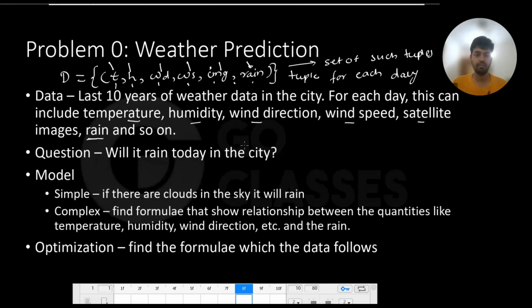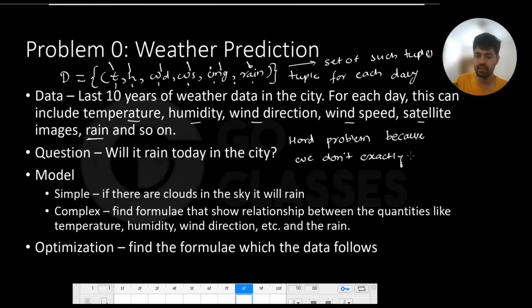Why is it hard? It's hard because we don't exactly know how these variables, or maybe these values, temperature and so on, affect and decide the rain, right?